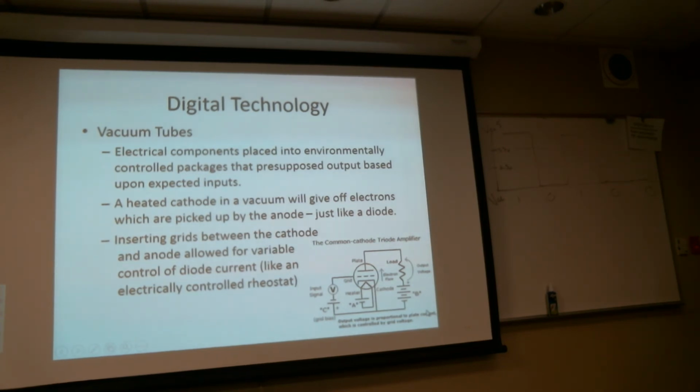So it turns out that what would happen in this particular case, what did they do? They had a cathode and an anode with a heater plate or a grid plate, so that if you heated the cathode up in the vacuum, it would start giving off a whole bunch of electrons, and it would work like a control switch, right?